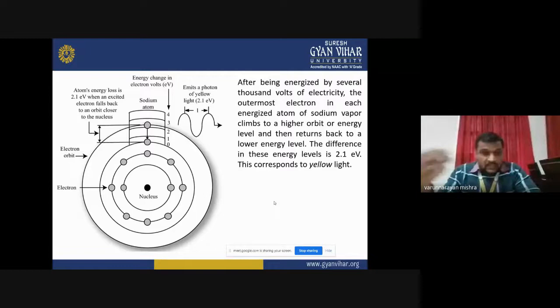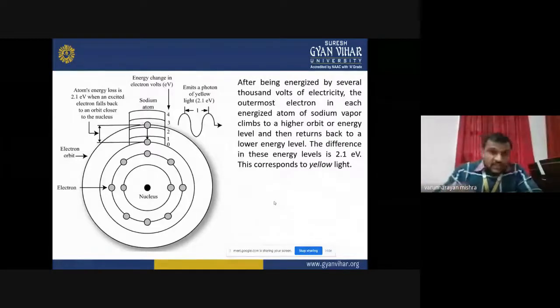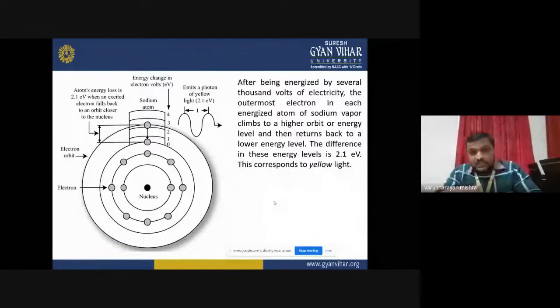And when again they go back to the lower energy state, they release a certain amount of radiation, a certain amount of energy at different wavelength intervals. It may have a visible portion, it may have a thermal infrared portion, or an ultraviolet portion.